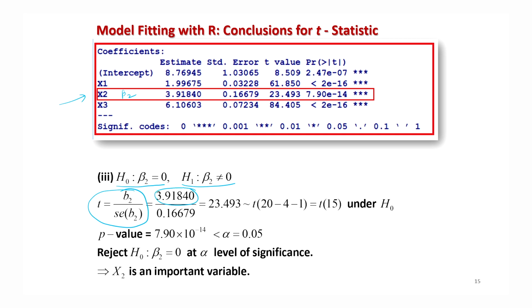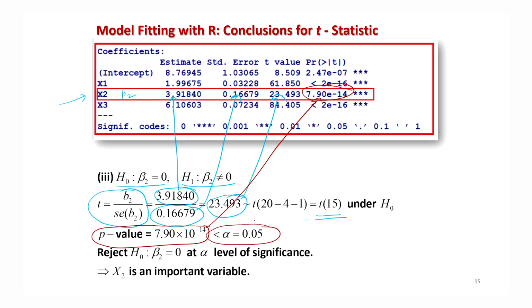This b2 value is obtained from here, the standard error from here, and the t statistic from here, which has a t distribution with 15 degrees of freedom. The p value here is 7.99 into 10 power of minus 14, very close to 0, which is less than alpha equal to 0.05.